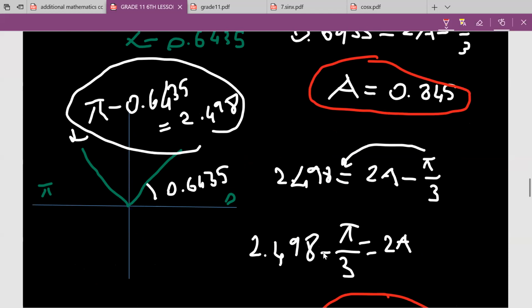Thank you, Pramila. I made a mistake there. When we take it to the other side, it will be plus. Thank you, Pramila, that means you are watching carefully. So when you use a calculator, you will write 2.498 plus pi over 3. Since here it is negative, it will pass as positive.